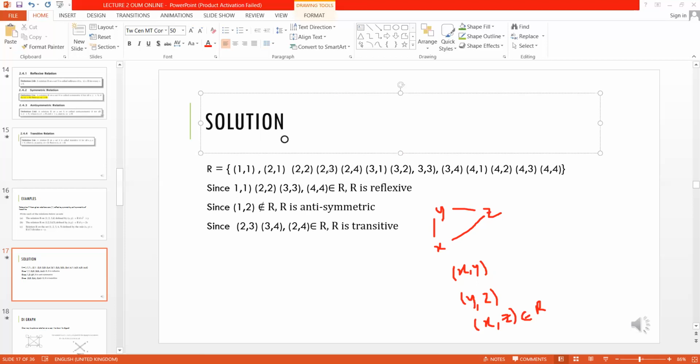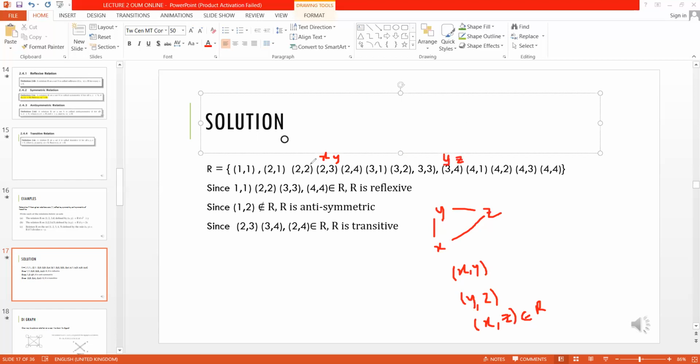So when we come here, let's pick probably 2, 3. So X is 2, Y is 3. Then let's take YZ. Y is 3, so Z should be another number. So we have Y, which is 3, and then Z is 4.